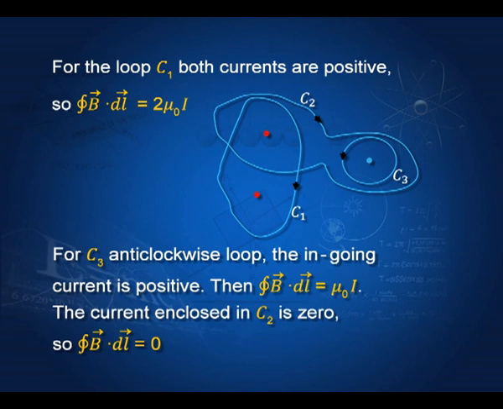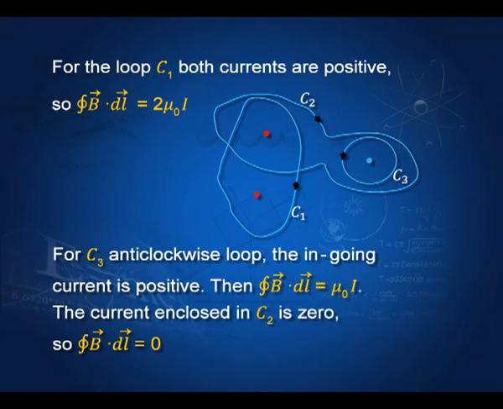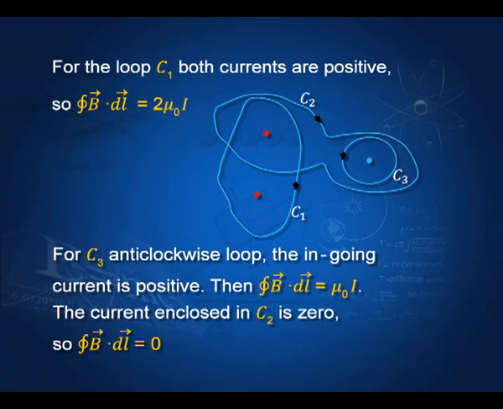Therefore, B dot dl is 2, because there are 2 equal currents, 2 mu 0 I. For C2, there are 2 currents which are equal and opposite. Therefore, the net current is 0, so the integral of B dot dl is 0. To summarize: for C3, B dot dl is equal to mu 0 I. For C2, the integral is 0. For C1, B dot dl is equal to 2 mu 0 I.